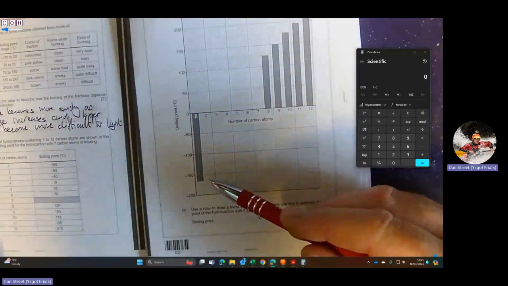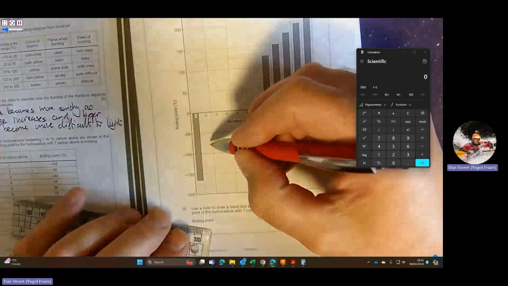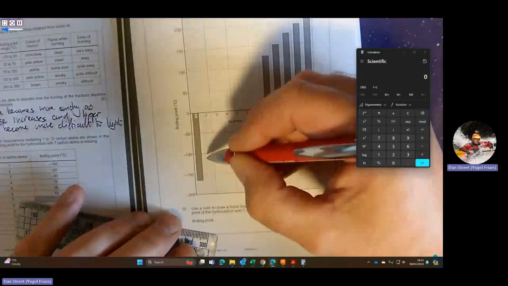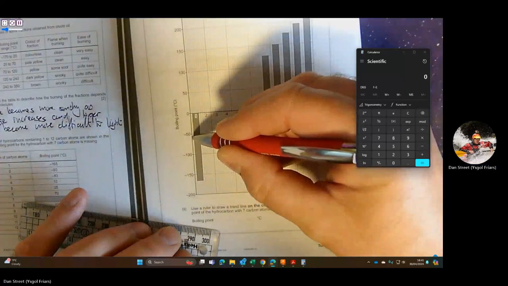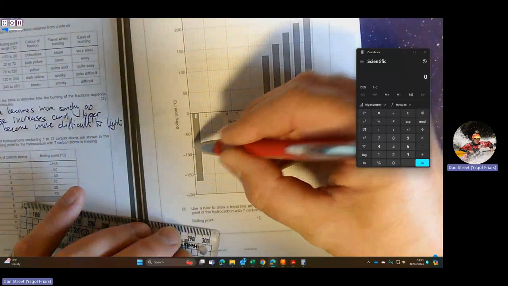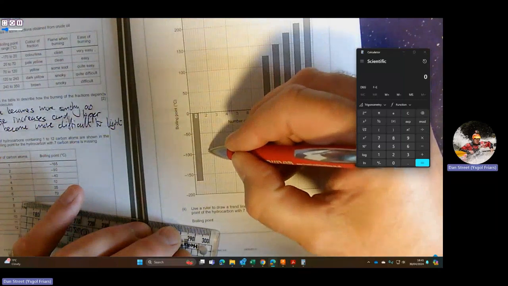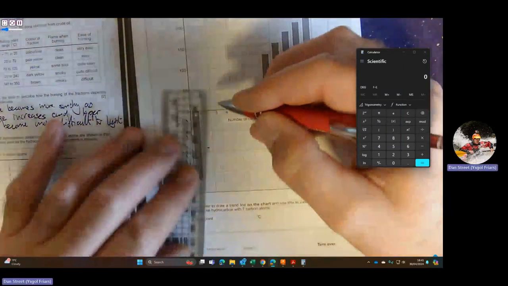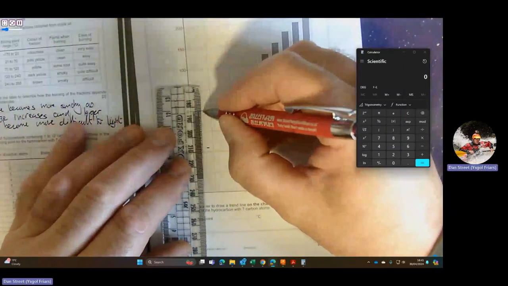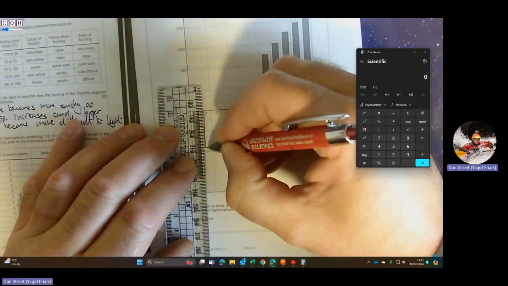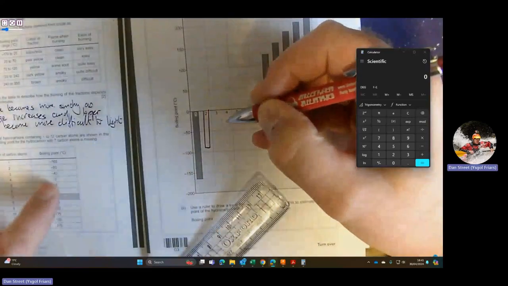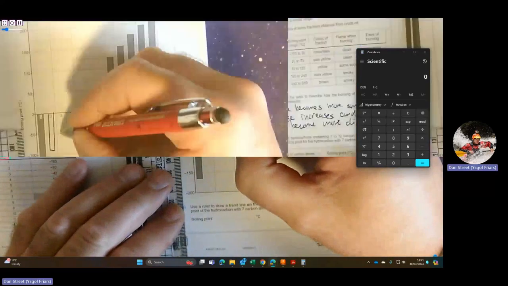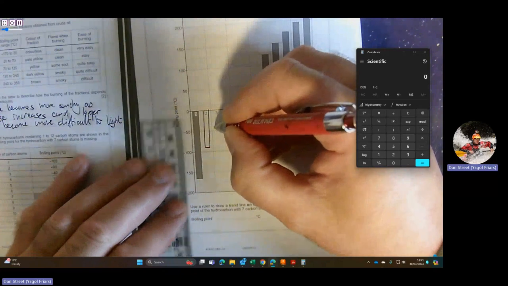So you need to put the data on here. 2 carbon atoms is -90. We need to leave a gap between each one, so -90 is going to be here, and we're going to draw a bar, leaving a gap between each of the bars. Then we've got -40, so -40 is going to be here.